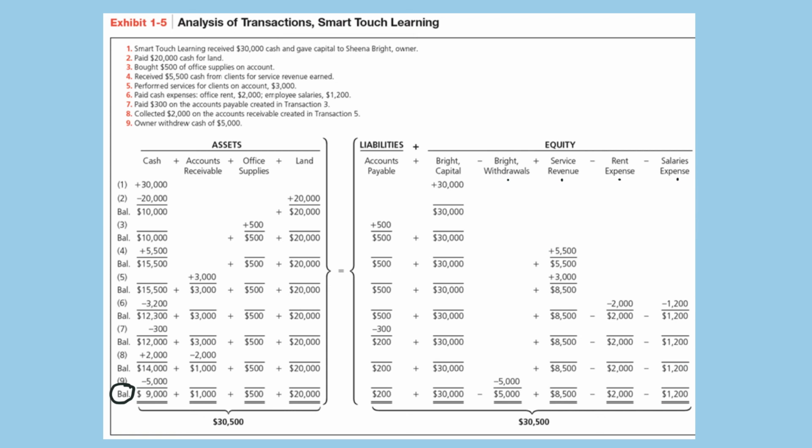Then you need to check, is your equation balanced or not? Is your total assets equal to liabilities plus equity or not? So as you can see, the equation is balanced. My assets equal my liabilities plus equity.